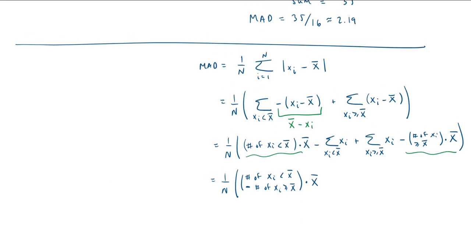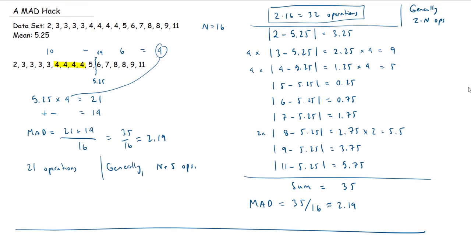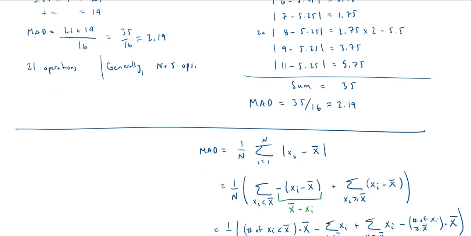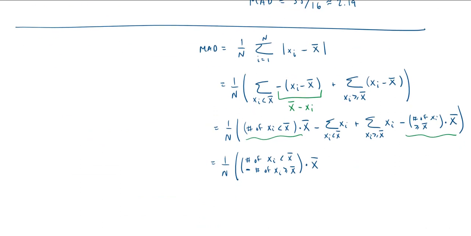And now let's jump back up and look. The first thing we did was count how many were less than the mean, how many were greater than the mean, and subtract the ones that were greater from the ones that were less. That's exactly what we're doing at this step: the number of xi's less than x bar, subtracting the number of xi's greater than x bar, and then multiplying that by the mean.